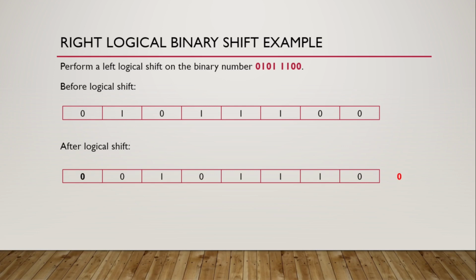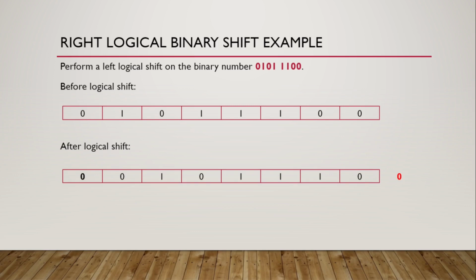So logical shift is not difficult to perform. It's very easy. Sometimes you might be asked to convert the value gotten after logical shift to denary or hexadecimal, as the case may be. So you already know how to do this.